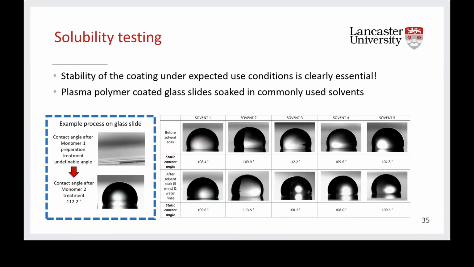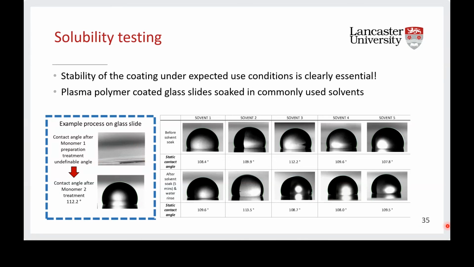In this case, we're testing hydrophobic coatings against common solvents. A quick way of checking this in the lab is by soaking in solutions for various amounts of time, or by performing wipe tests with solvent-soaked wipes. The figures here show the effect of 5 common solvents on a coated glass slide. And on the other side, in this dotted box, it's just showing the difference between an uncoated glass slide and a coated glass slide.